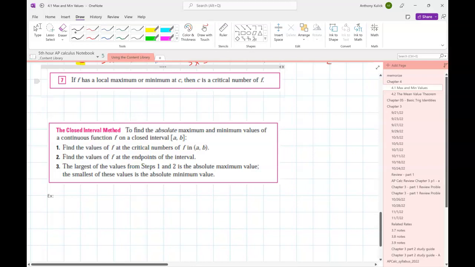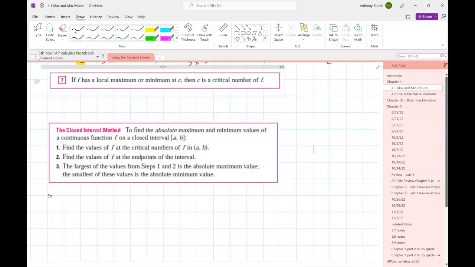And that leads us to this last idea in section 4.1 called the closed interval method to find the absolute maximum and minimum values of a continuous function f on a closed interval a, b. We want to first start by finding the critical values of f at the critical numbers of f in the open interval a, b.